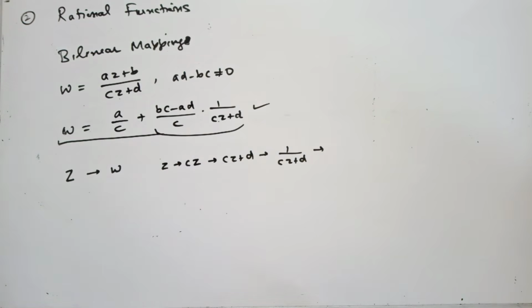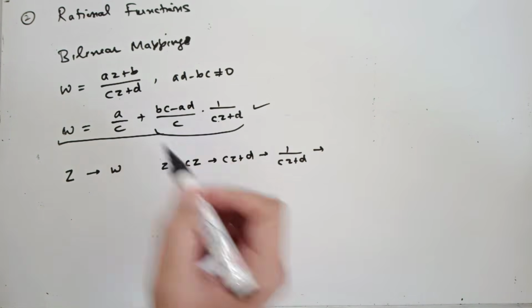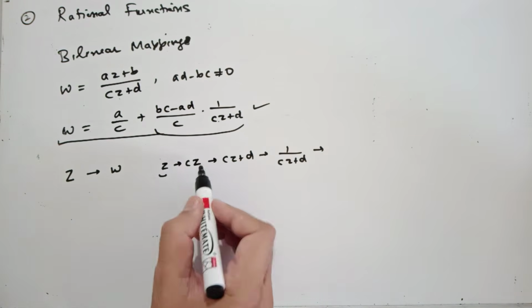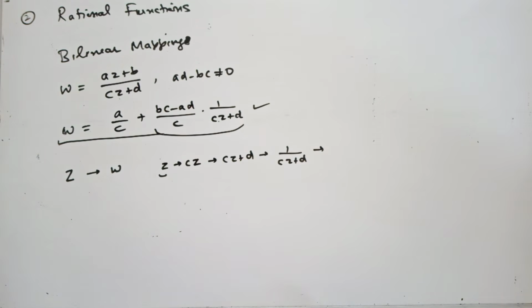Finally A over C is added, then that means translation. So it is a combination of different mappings that we have learned so far. Okay, so the point Z undergoes various transformations in the bilinear transformation. So this is bilinear transformation, very interesting, mapping in complex.